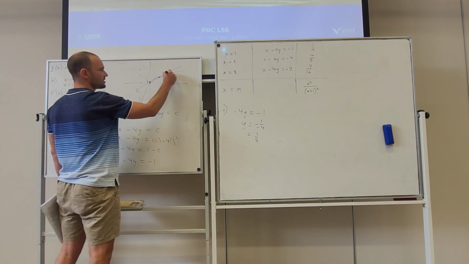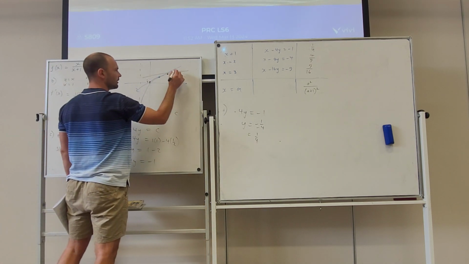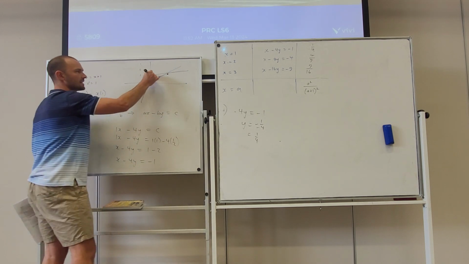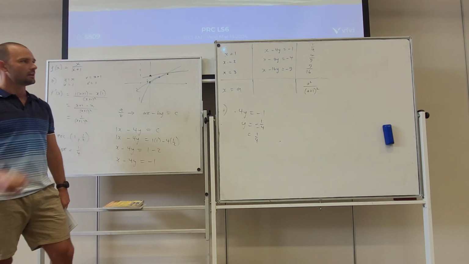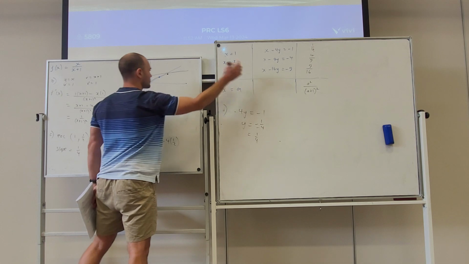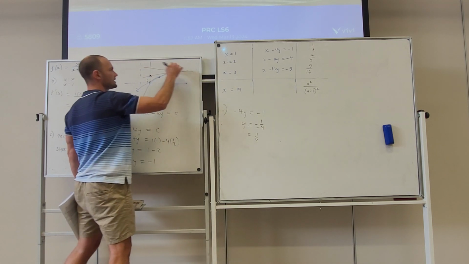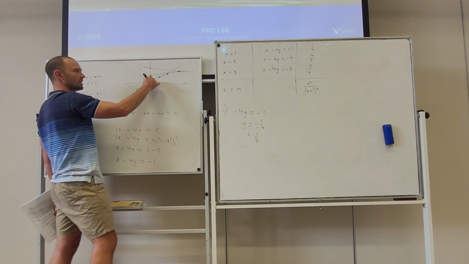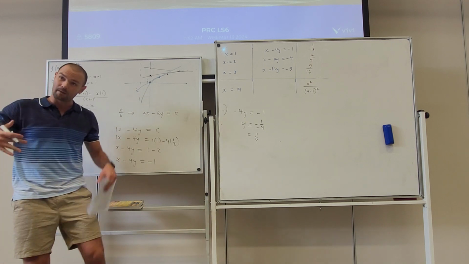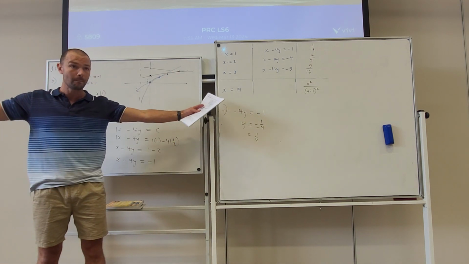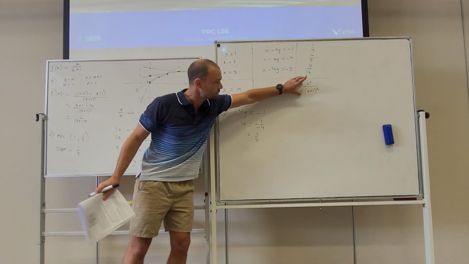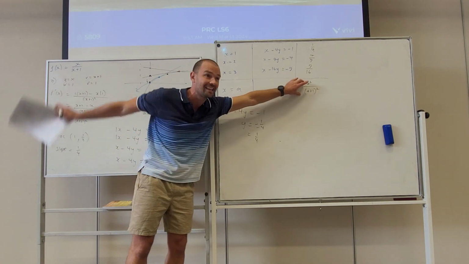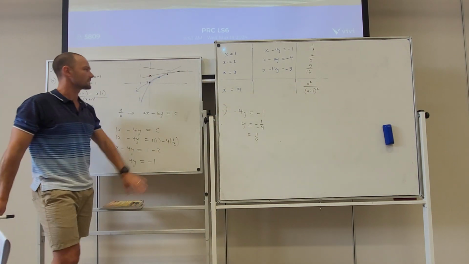Then we drew the tangent at x is 2. All right, I haven't drawn it very well, but we're saying what's the y-intercept of that tangent. Then we did the tangent at x is 3. Okay, and we can see the y value of the tangent is changing. And so we're coming up with a general form such that this tells you the y-intercept for any tangent, okay? That's what's going on here.